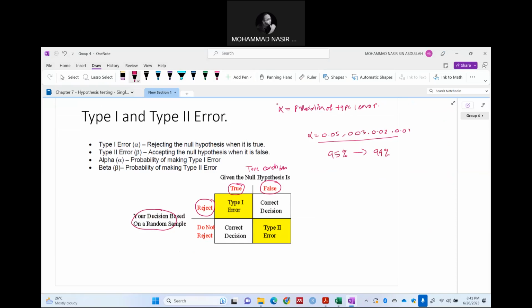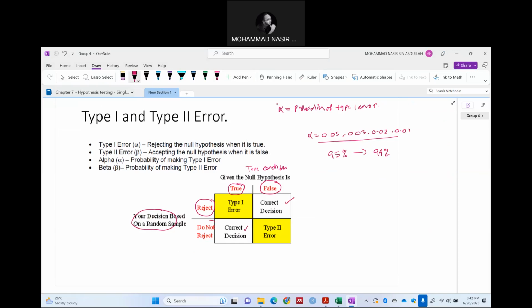Right. So if we make a decision to reject the null hypothesis and the null hypothesis is in fact false, we are making a correct decision. If we accept the null hypothesis and the null hypothesis is true, we are also making a correct decision, right?